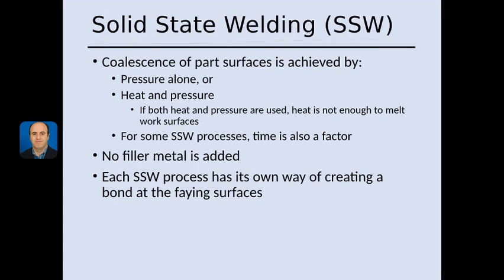In this process, we don't use filler material, and because we have various types of solid state welding, each one has its own unique way of creating a bond between the faying surfaces. The faying surface means the interface of the two plates.